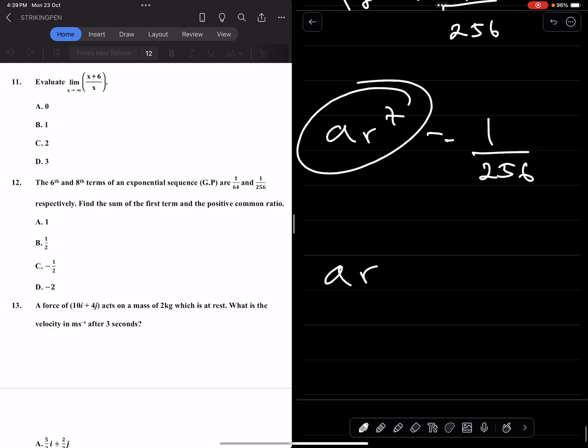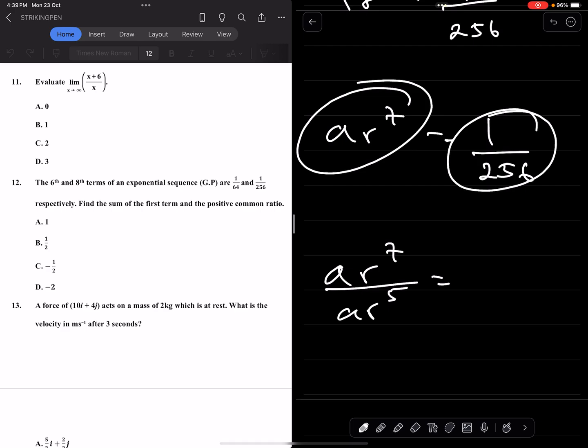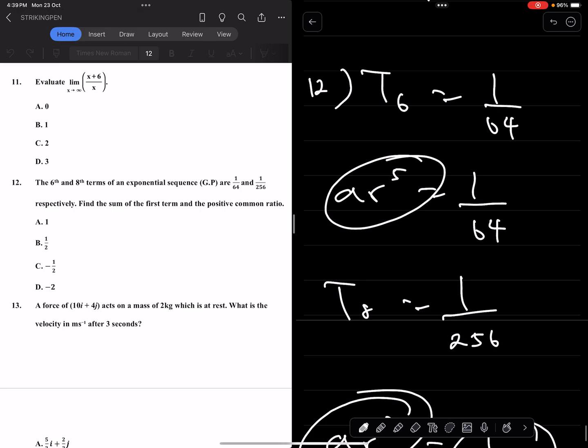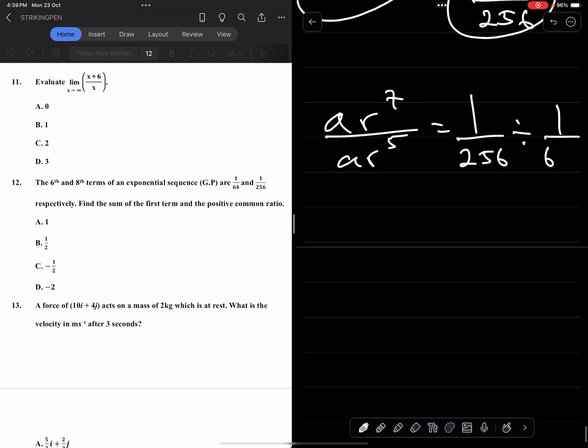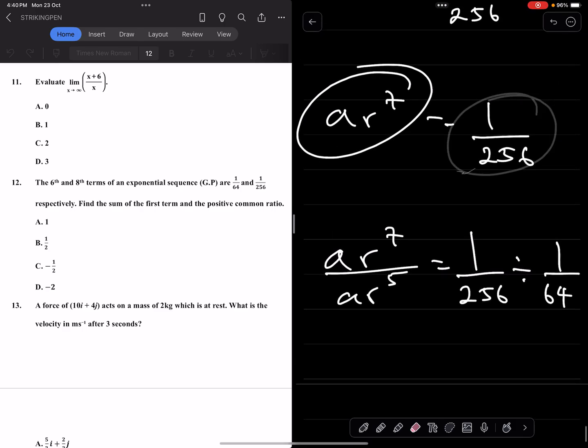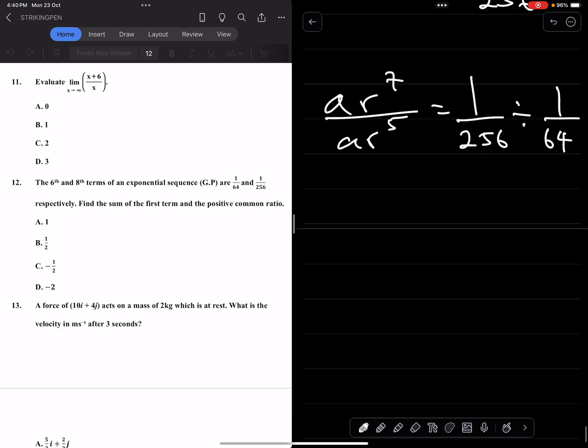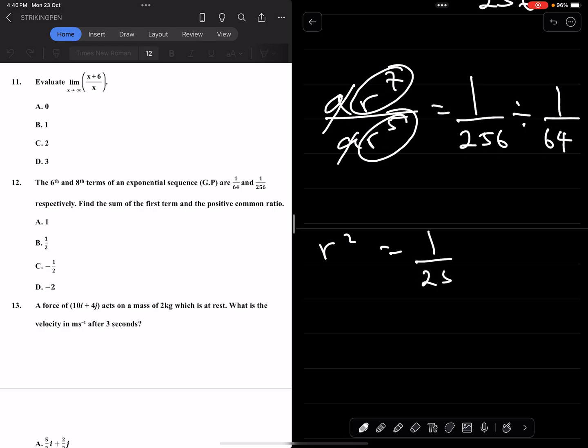That's what I'm doing to find R. It will be equal to T8, which is 1 over 256, divided by T6, which is 1 over 64. So now what do I have? A cancels A. R raised to the power 7 divided by R raised to the power 5 is R raised to the power 2, and that's equal to 1 over 256 times 64 over 1.